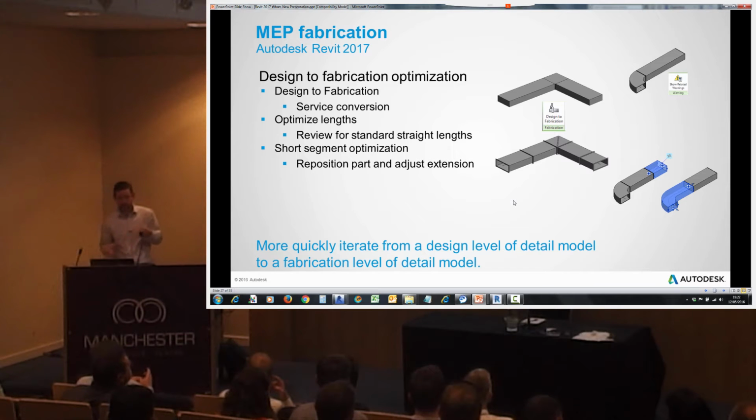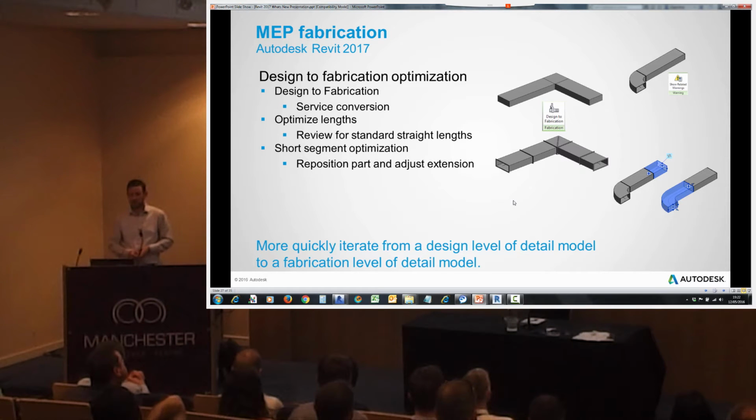They didn't go 100% within 2016, and people I've spoken to were saying that it didn't quite go enough. You couldn't annotate or tag elements. But they've gone a little bit further in 2017, and they've really gone out to improve the fabrication side. I've been reliably informed that you can now tag and annotate these fabrication elements.